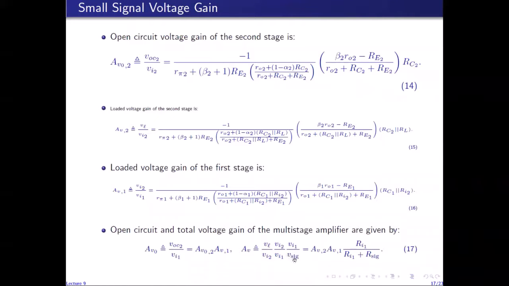VL over V sig is equal to VL over VI2 times VI2 over VI1 times VI1 over V sig. So it is the product of AB2, AB1, and VI1 over V sig is again the usual factor which takes into account the effect of loading on the input side. Using these expressions, we can find the overall voltage gain and open circuit voltage gain of the multi-stage amplifier.